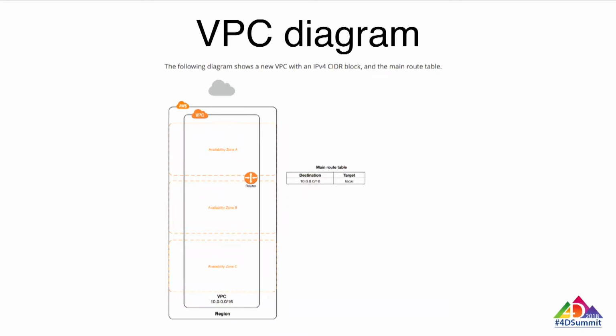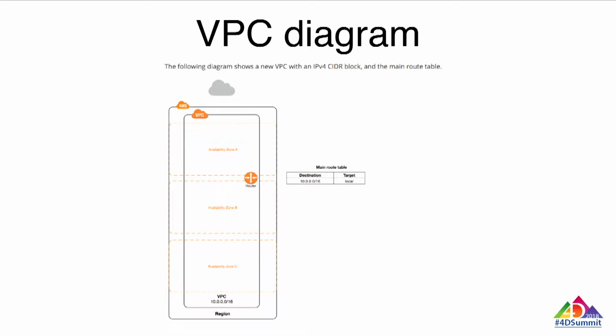So Zone A, Zone B, Zone C, they're physically separate data centers, obviously for disaster recovery and various other reasons. If a hurricane hits one zone, then at least you have the ability to mirror your data on a different availability zone. Generally, they're named A, B, or C.